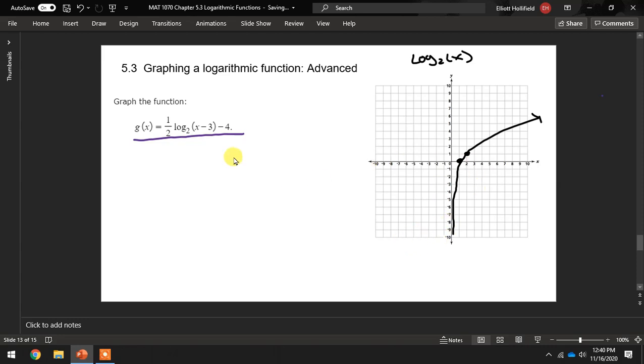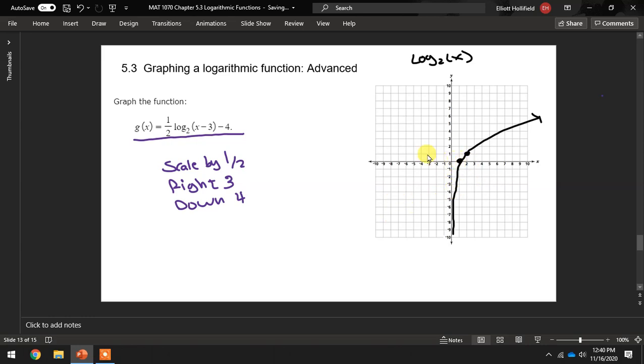So let's see. We're going to have a scale by 1/2, a shift to the right by 3, and a shift down by 4. Scale by 1/2, shift right 3, down 4.